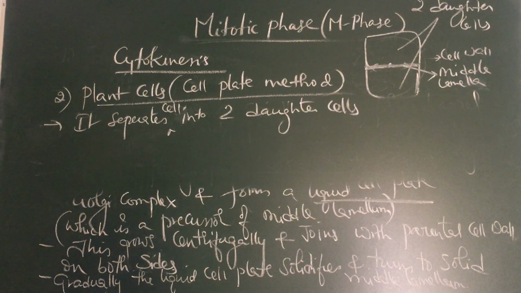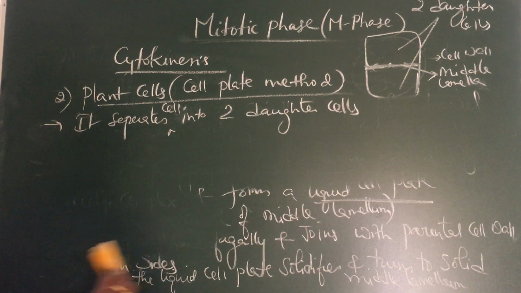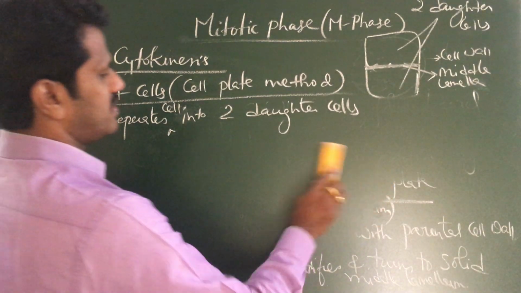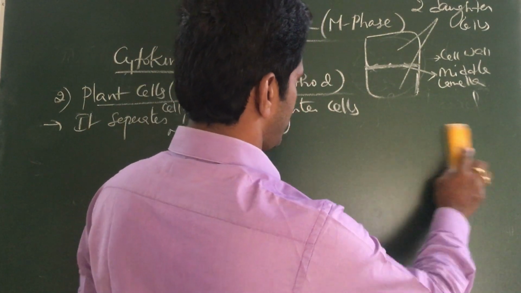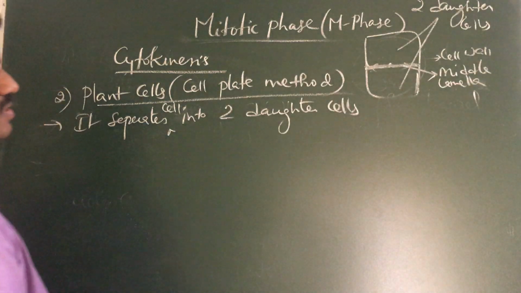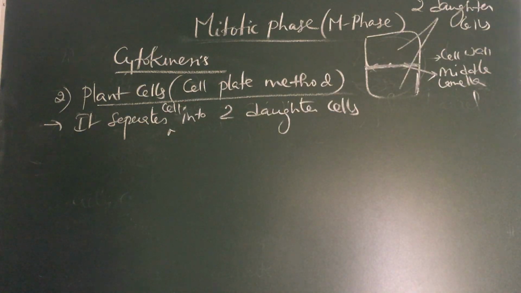So multinucleate condition arises generally if the cell is not divided into two halves. That means there is no formation of phragmoplast, no formation of the cell plate.